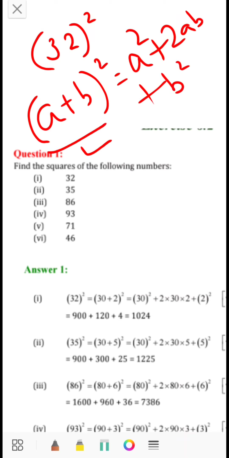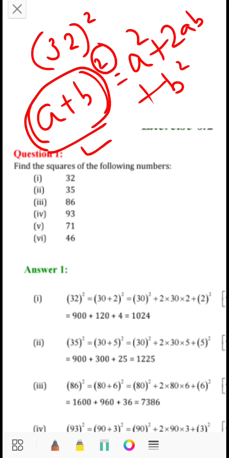Here you can observe this is the square of the entire bracket, (a plus b) whole square. We will follow this instead of the actual multiplication.